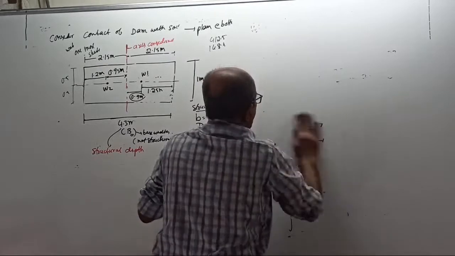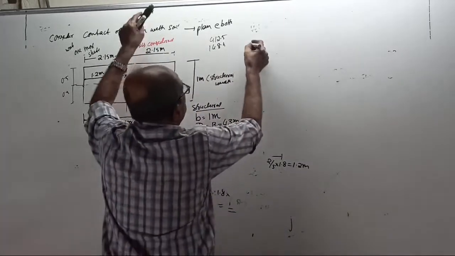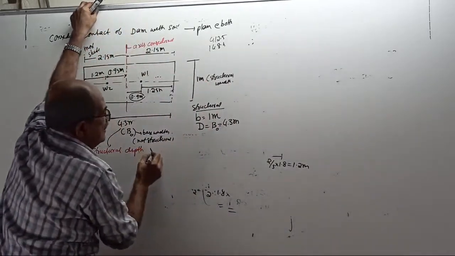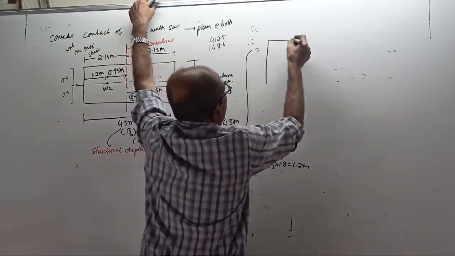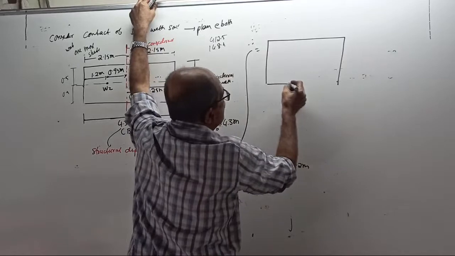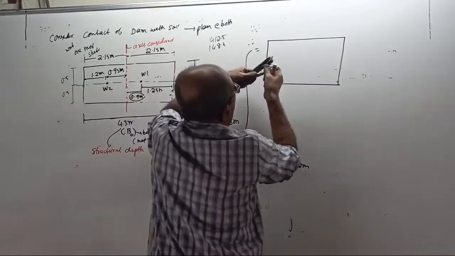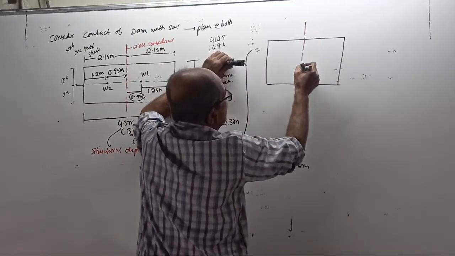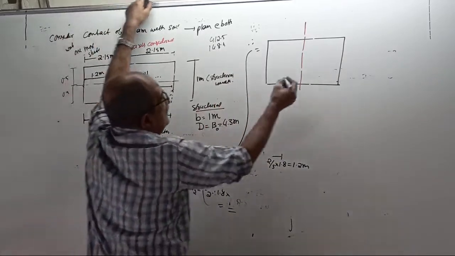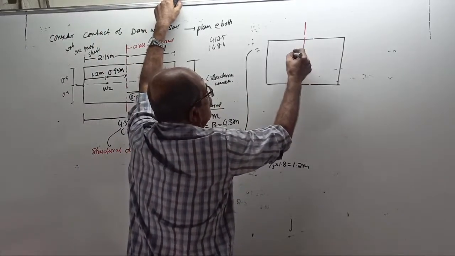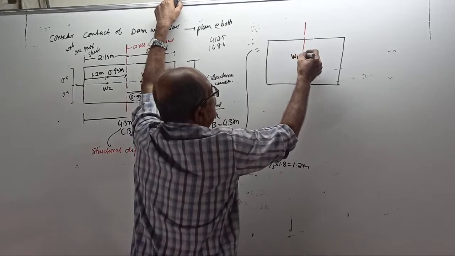Now, very important. Therefore, now I will write here. This will be equal to a cross section like this. This is the axis. W1 is here, W2 is here. Here, a point load of W1 plus W2.